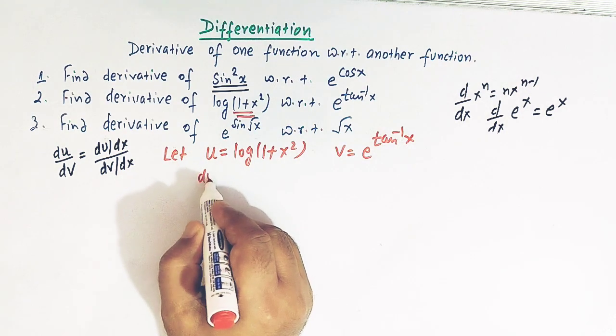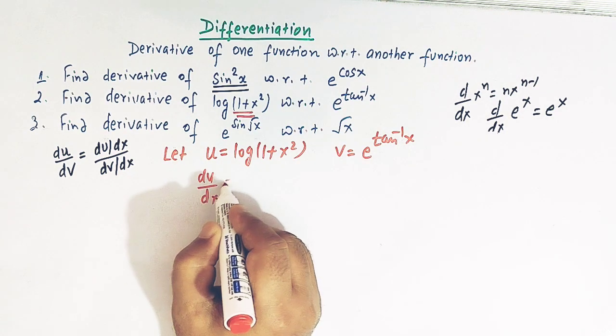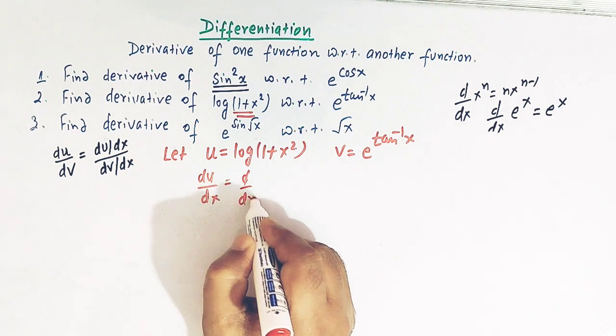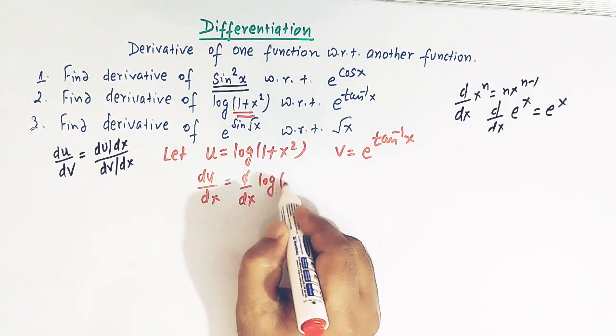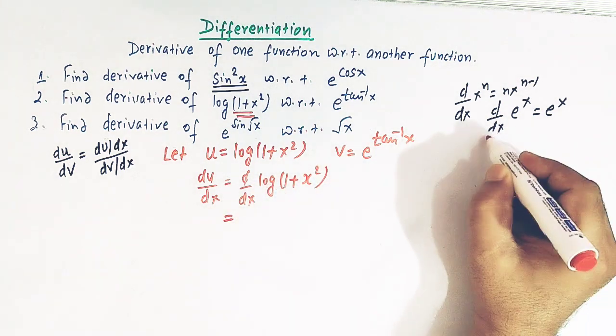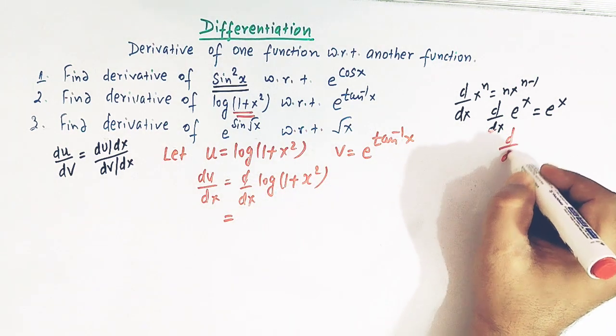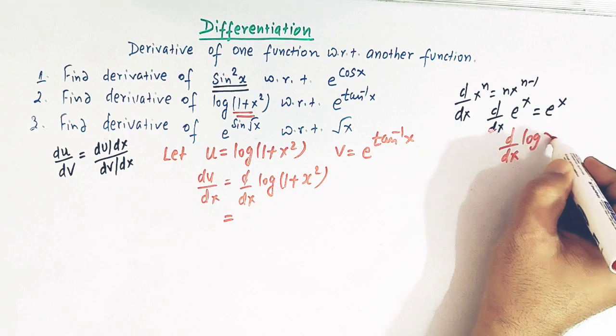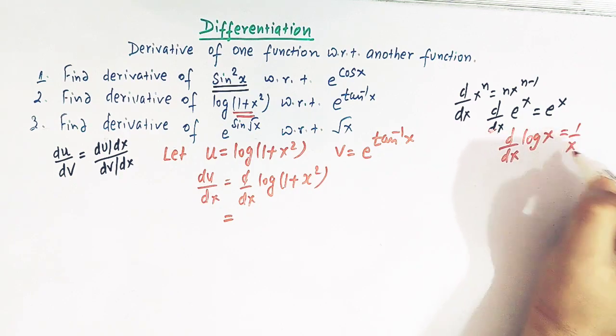Let us differentiate u with respect to x. We have the derivative of log(1 + x²). We know that the derivative of log x is 1 over x.